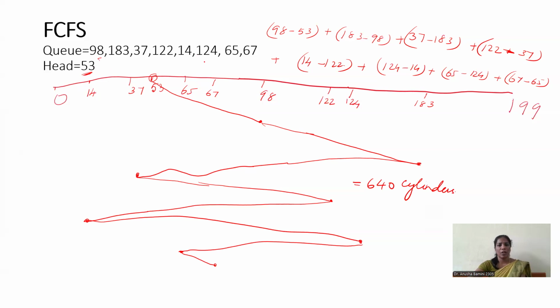No need to worry about anything else. Finally, you subtract the differences between one sector and another, and add everything. You get the solution, which is the number of cylinders traversed. Then the next concept.